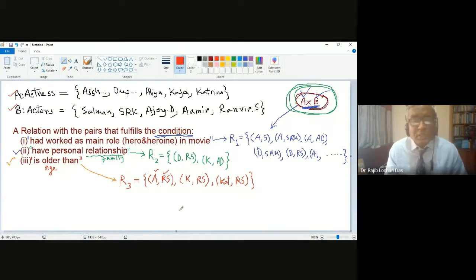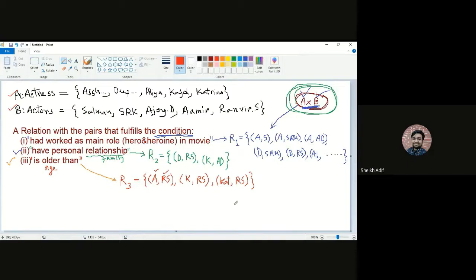So in this way there may be different conditions and different relations possible, right? So this is the understanding, and we will talk about numbers and other items. The understanding is the same every time. Now do you understand this? Any question or any confusion?